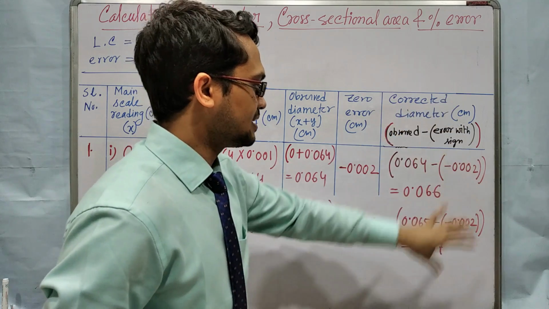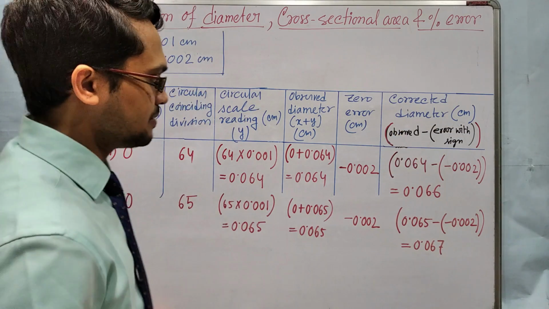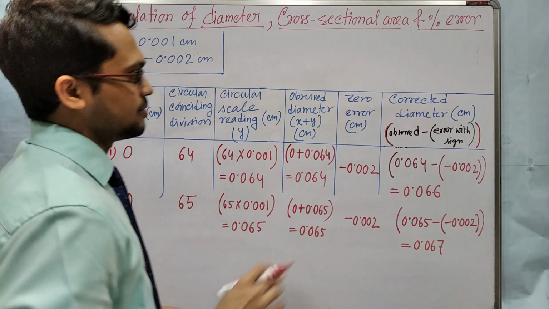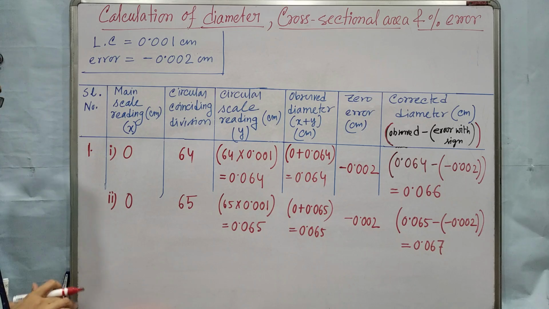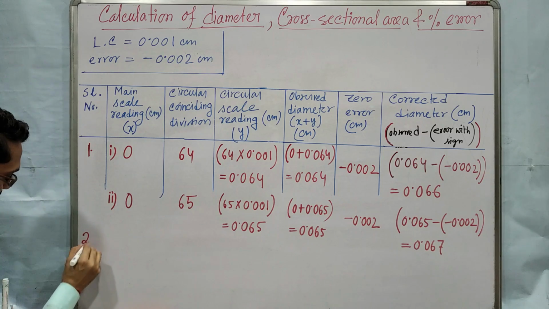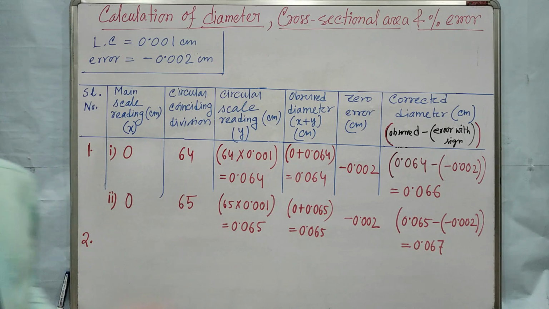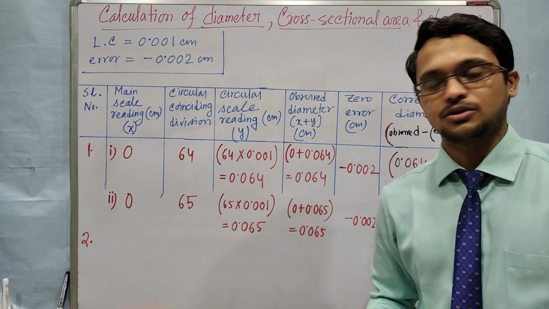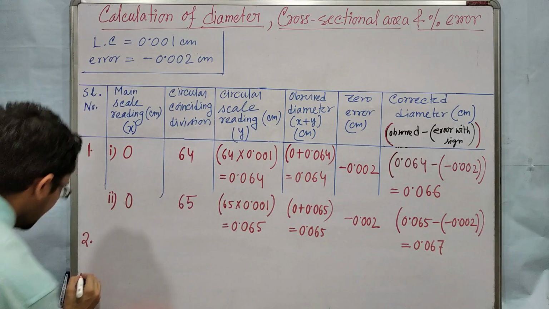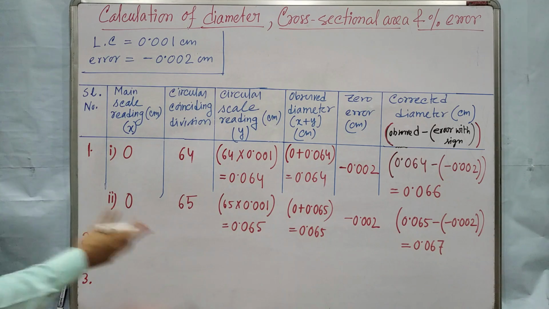After that, you will make another column where you will write the mean diameter of the first two. Again you will take serial number 2, and in serial number 2 you will take 2 readings at different positions. Again serial number 3, another 2 readings.